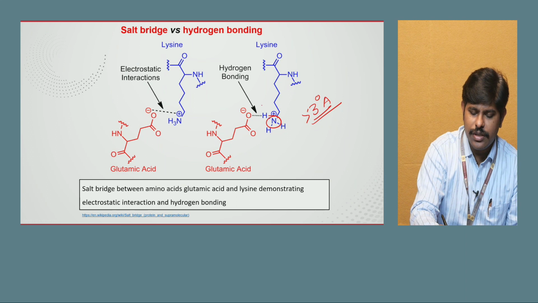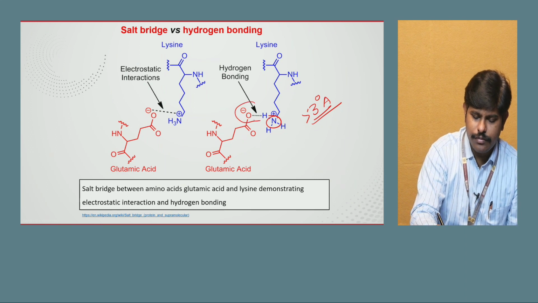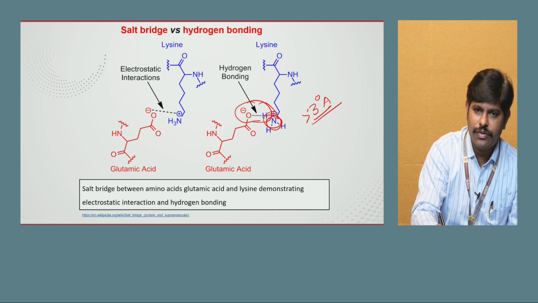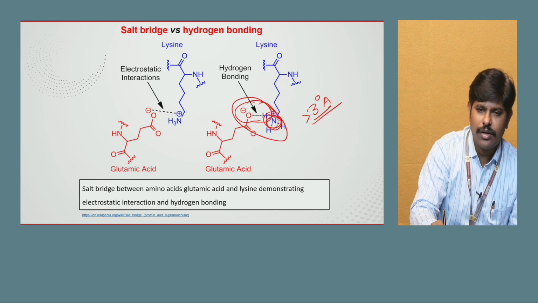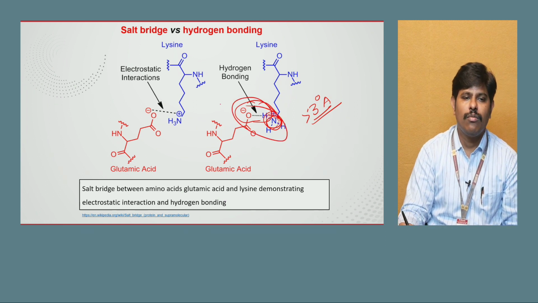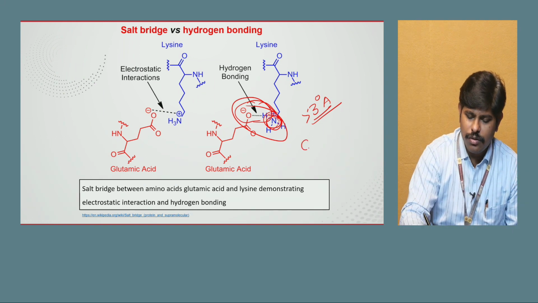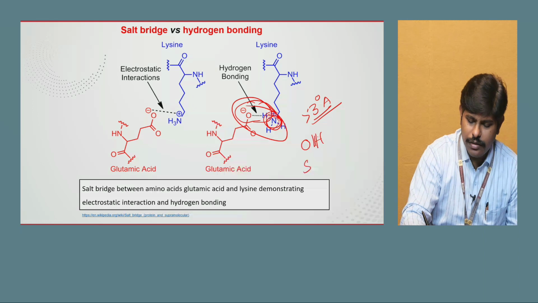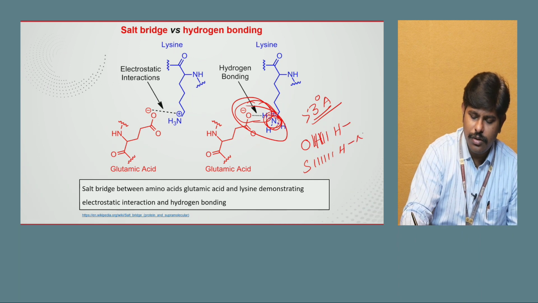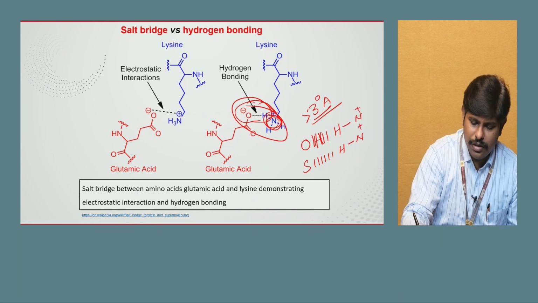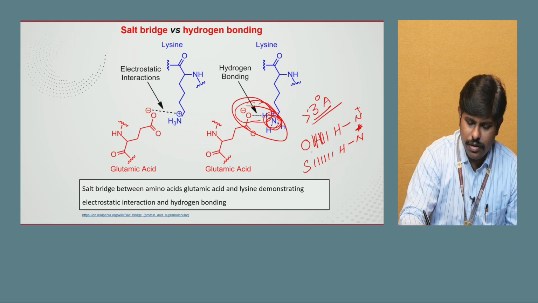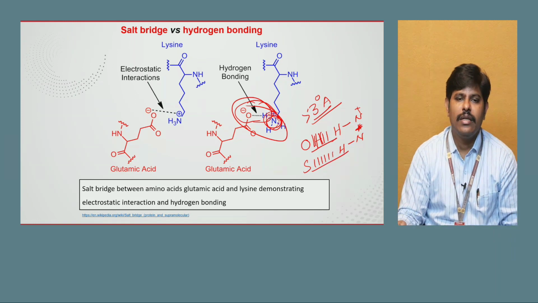So when you have oxygen and the nitrogen, the nitrogen which has the partial charge here can form the hydrogen bonding here. So basically it is between O and H, S and H, where H is connected to nitrogen here. And which operates at less than 3 angstroms.